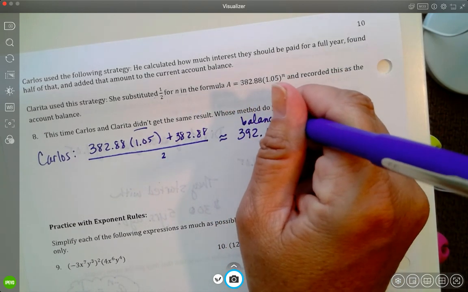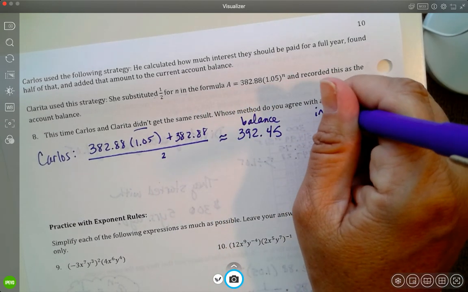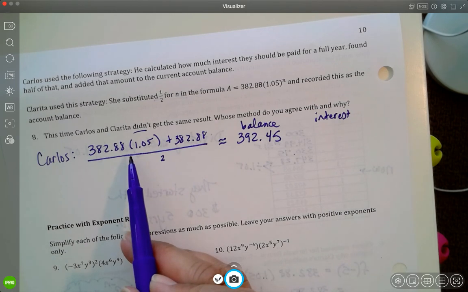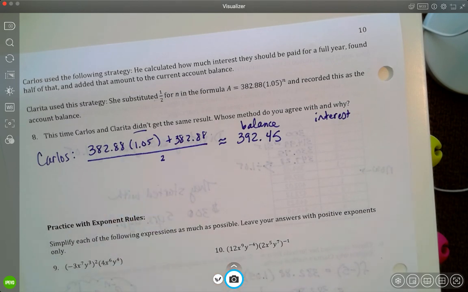And then the interest he would get would be basically the only interest. So I guess maybe he could just figure out this interest divided by 2, but I just did the whole thing and then I'm going to subtract. 392.45 minus 382.88.